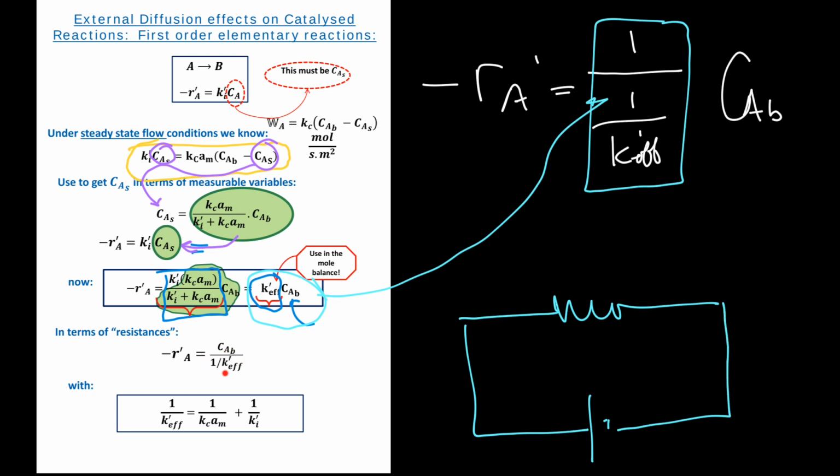The resistance, so V divided by R, will give me the current. And in this case, the driving force, the bulk phase concentration, is the ultimate driving force of how fast both rate processes can occur, divided by the overall resistance, which is a sum of resistances, will give me the rate, or the current, at which my reaction rate can actually take place.